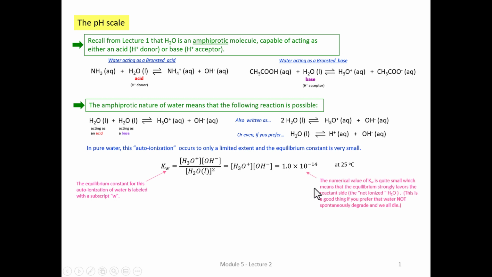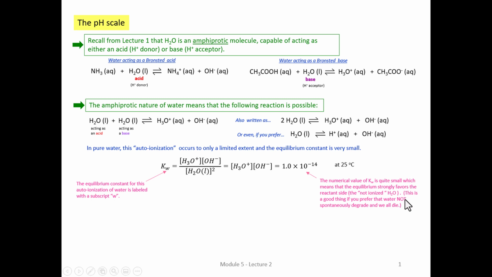Now this is incredibly small for an equilibrium constant, which means, of course, that the equilibrium strongly favors the reactant side. So if we look at the reaction we wrote this from, we're saying that this equilibrium strongly favors the side of water molecules, not the side with hydronium and hydroxide.